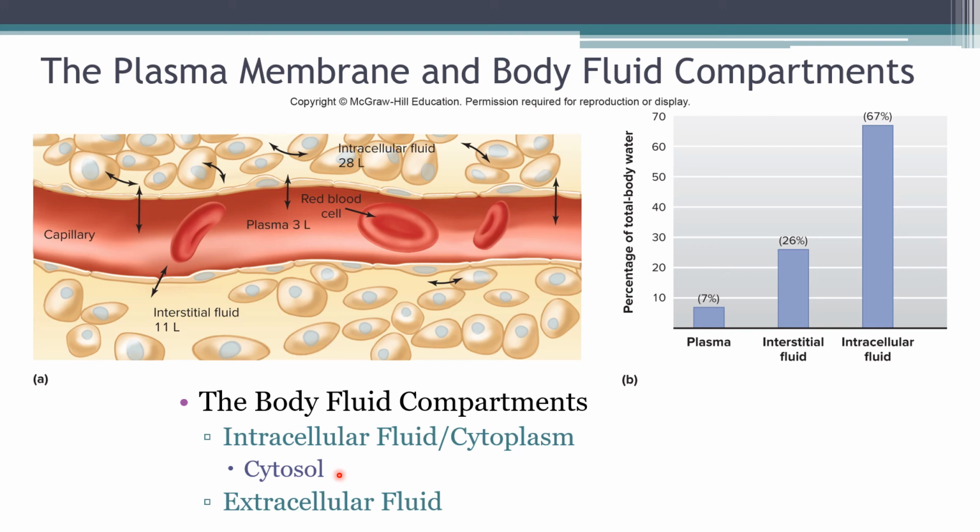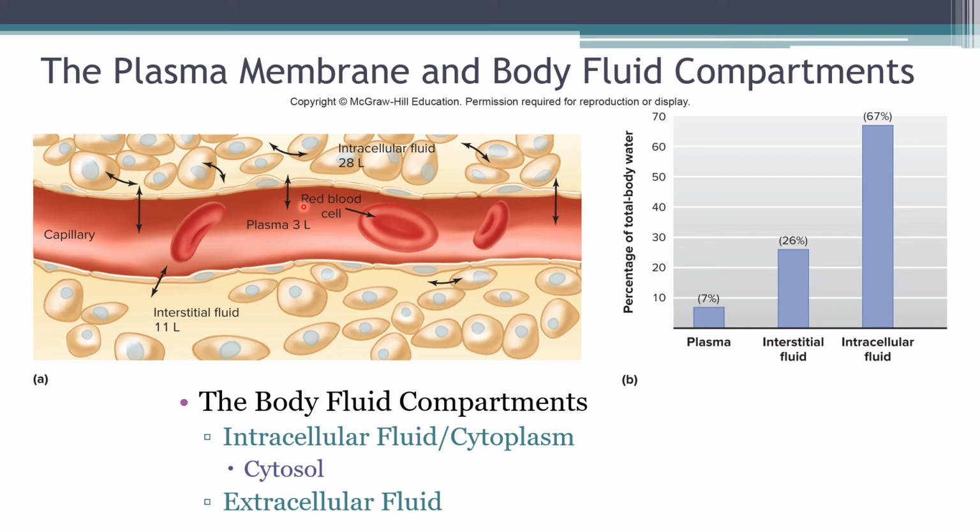Okay. The second fluid compartment is the extracellular fluid compartment. This is all the fluid outside your cells. Now you don't see that here, and that's because the extracellular fluid is itself divided into two compartments. Basically, what divides the extracellular fluid is the walls of blood vessels, particularly the walls of capillaries.